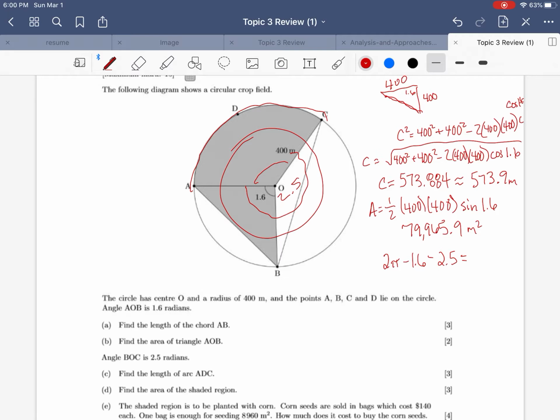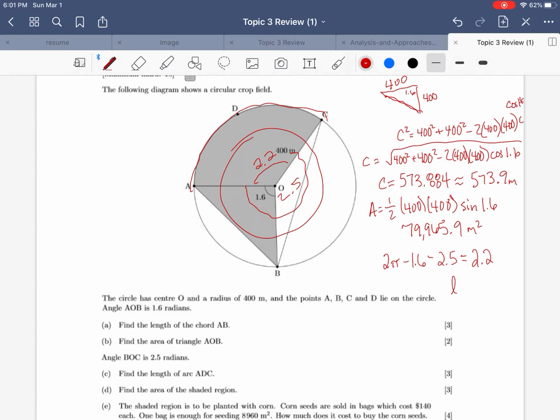So I simply subtract 2 times pi minus 1.6 minus 2.5, which is going to give me 2.18, or 2.2. So put that in there.